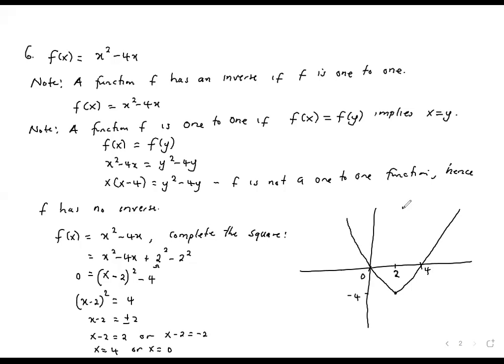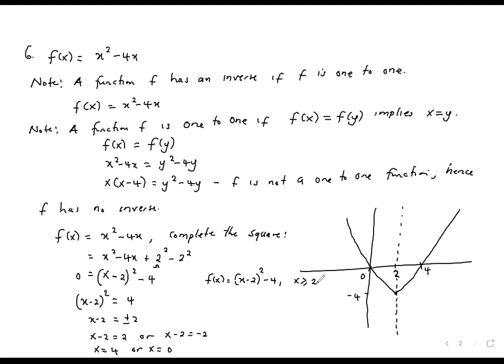So if we cut it at the line of symmetry, this function is now defined as f of x equals x minus 2 squared minus 4 for x greater than or equal to 2.